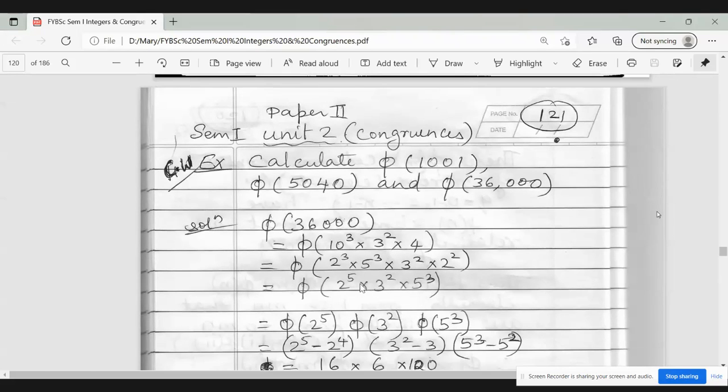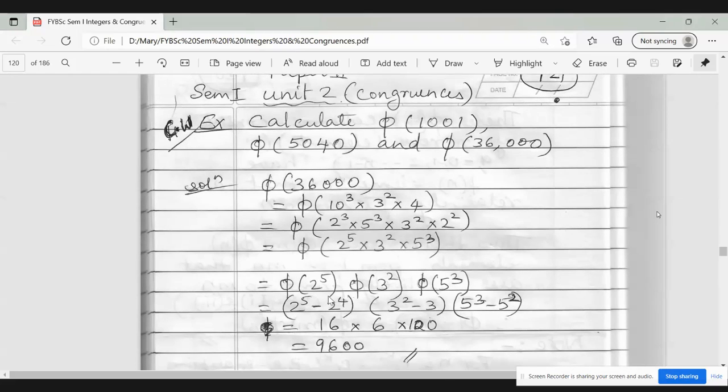Now what I observe is all of these are mutually relatively prime. So this will be phi of this into phi of this into phi of this. What is phi of 2 raised to 5? It is 2 raised to 5 minus 2 raised to 4. Phi of 3 square is 3 square minus 3. Phi of 5 cube is 5 cube minus 5 square.